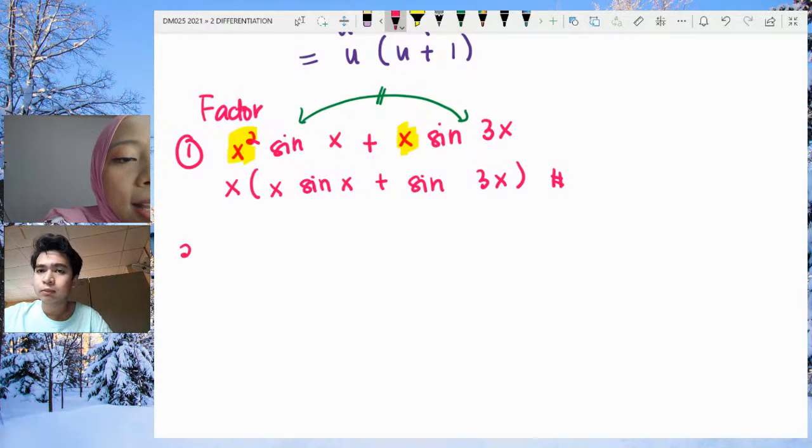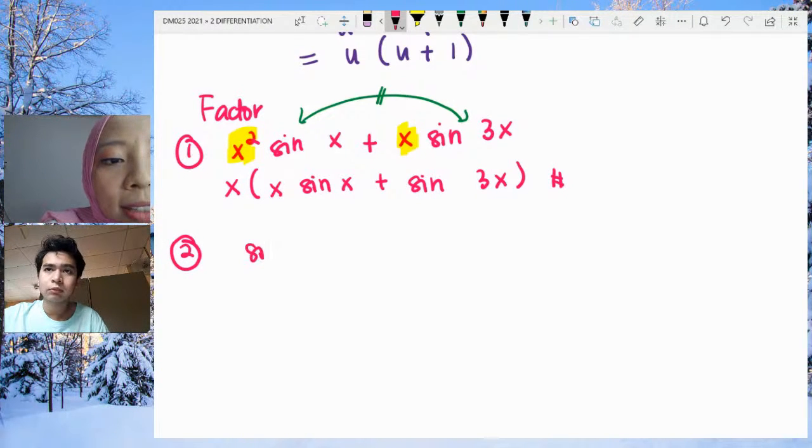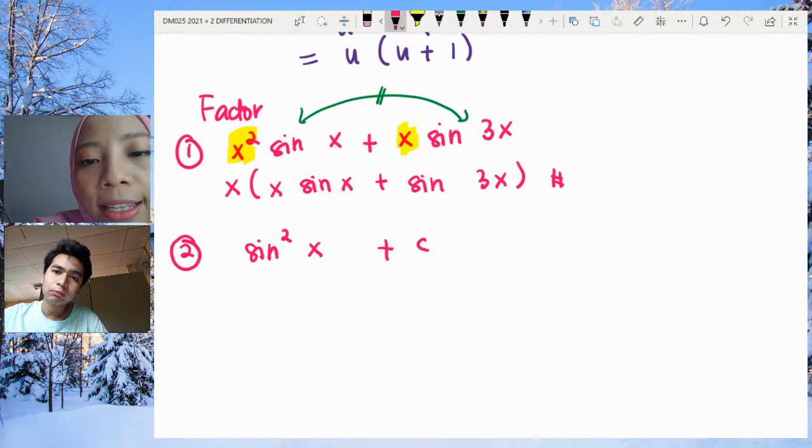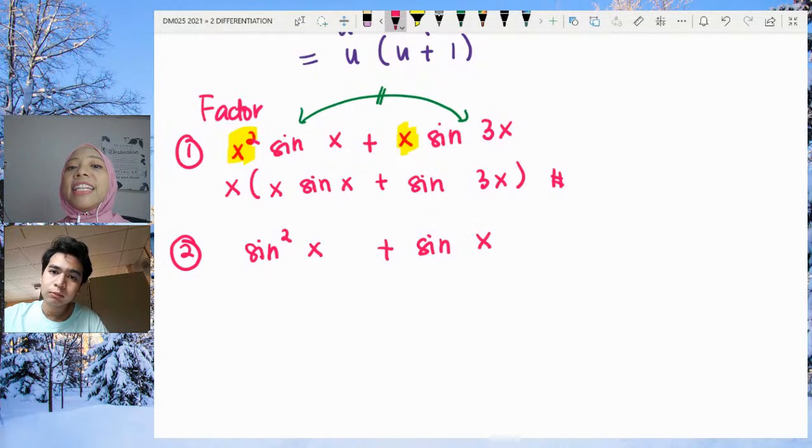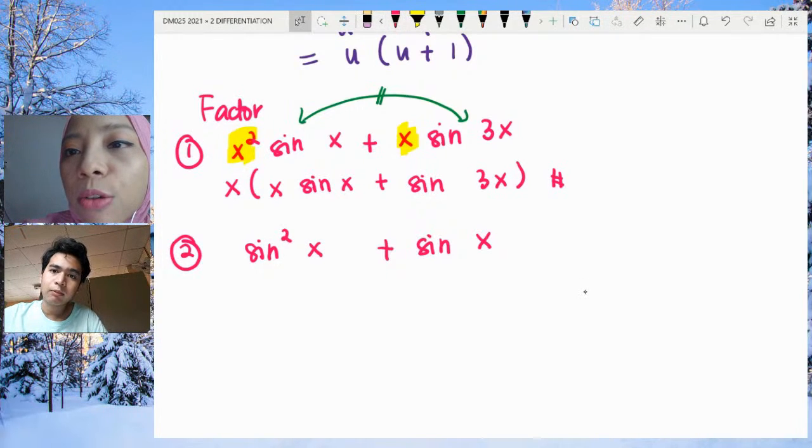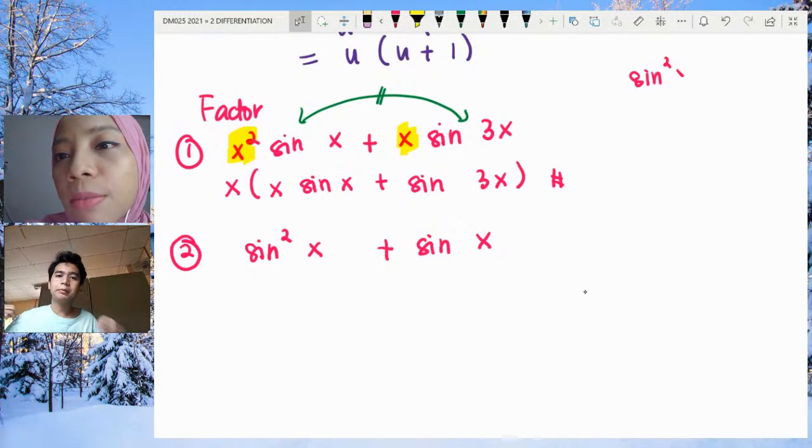Okay, lagi factor yang kedua adalah, ini contoh you ada sin square x, ini you ada sin x. Ini boleh factor. Sebab sin square x bermaksud sin x, sin x. Dia ada dua.